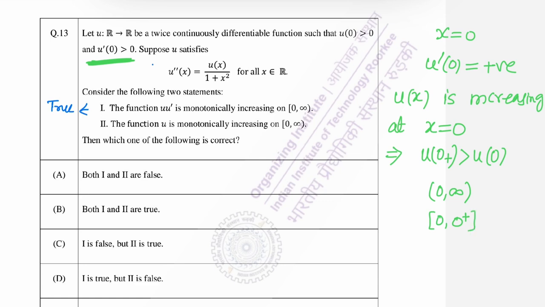So combining these two, we can say that the function u is monotonically increasing in this interval. So listen carefully. If you don't understand, then see the video again, and even if you don't understand, then mention that in the comment box.